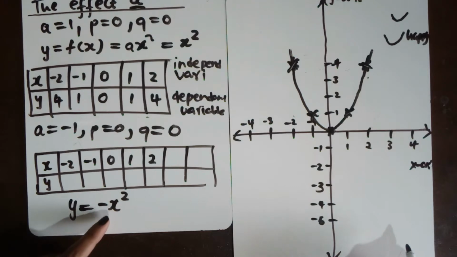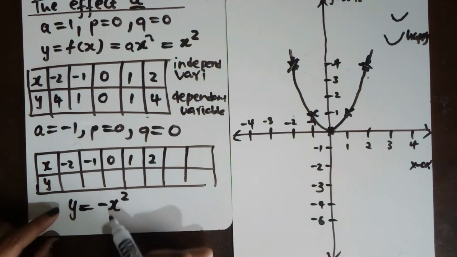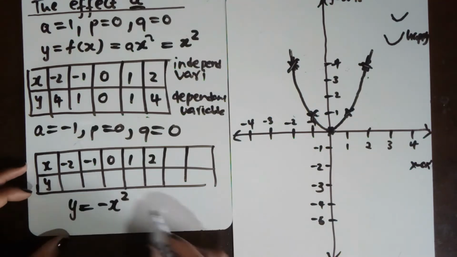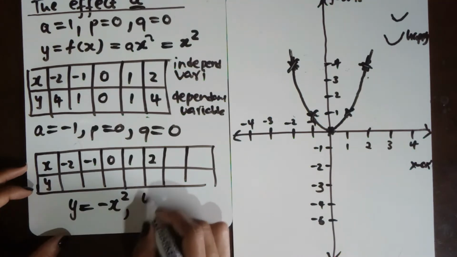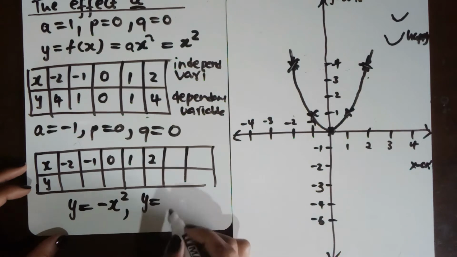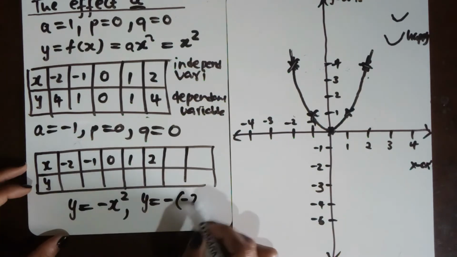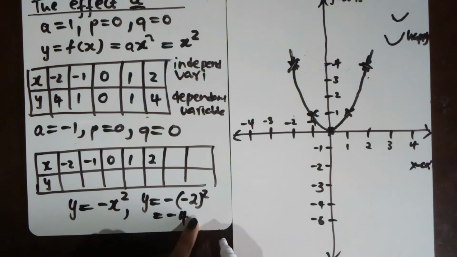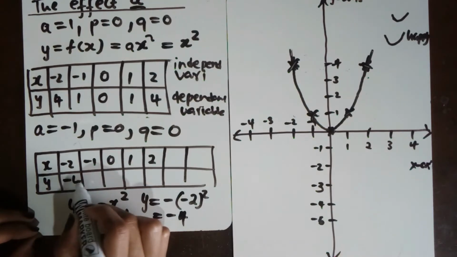So let us plot that. When x is -2, what do you think the value of y is going to be? Let us just do the first calculation. Here we say x is negative 2. We know that negative 2 squared is going to be 4, which means that our value is actually going to be negative 4.